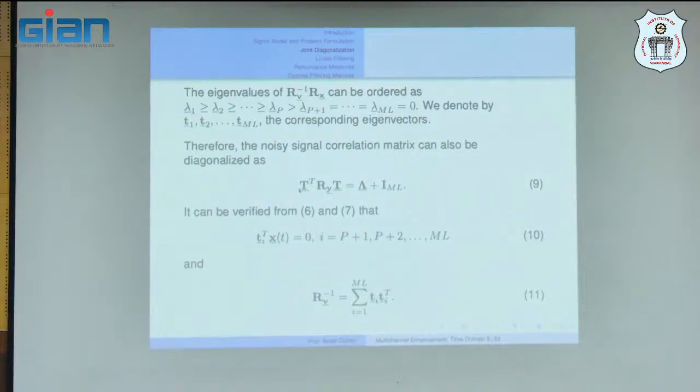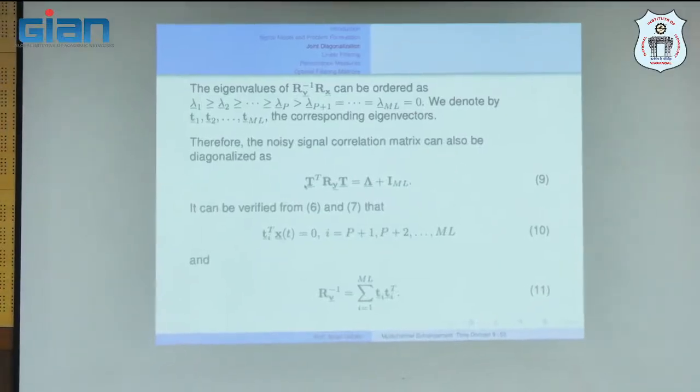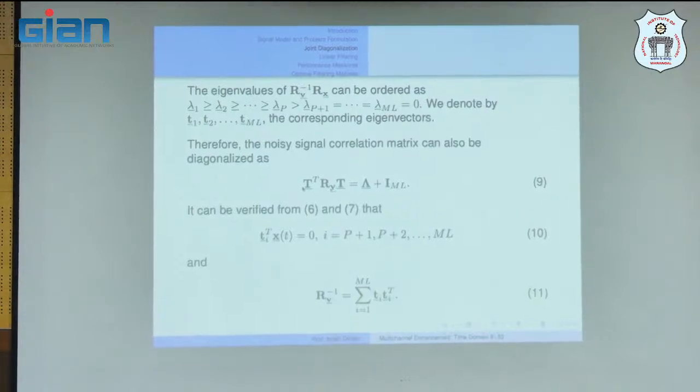But in fact, to find this matrix requires some computational complexity, and if it's a non-stationary signal, then this matrix or this transform changes over time, and sometimes we don't want to work with such complicated transforms, so we simplify it when we work in the Fourier transform domain or some fixed transform.